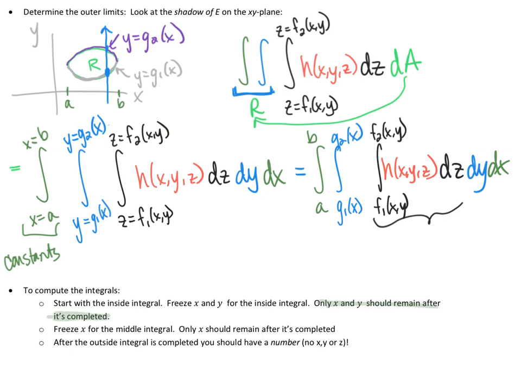And then I can freeze x for the middle integral because I'd be integrating with respect to y. After that, only x should remain. And then lastly, after I finish all of these, I should have a number, no x, y, or z, because this could represent, for example, the mass of that region, or I could be using it in the numerator to find my average temperature. So let's try this with a real example now.